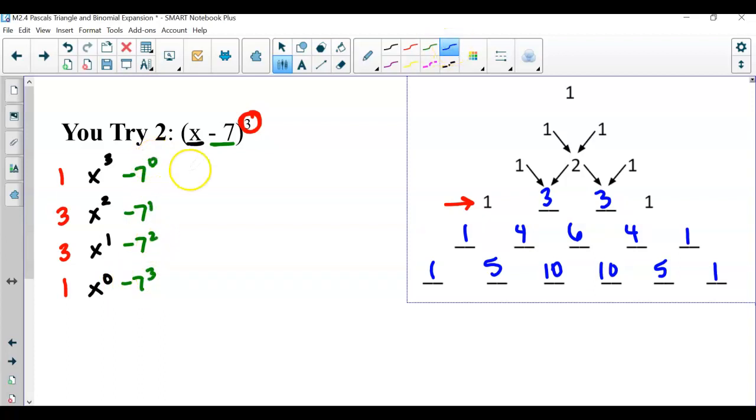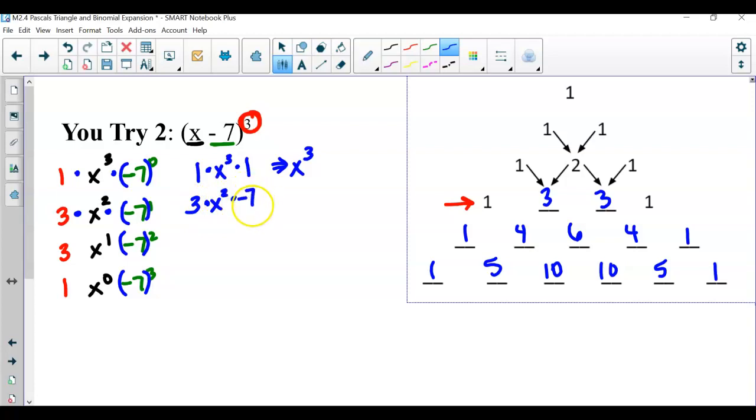So now as you simplify for the first row, you should have gotten 1 times x to the third times 1, because anything to the 0 power here, I just realized I don't have my parentheses. Sorry about that. Anything to the 0 power here is 1, making that x to the third. And 3 times x squared, but now times negative 7, because negative 7 to the first power is negative 7.